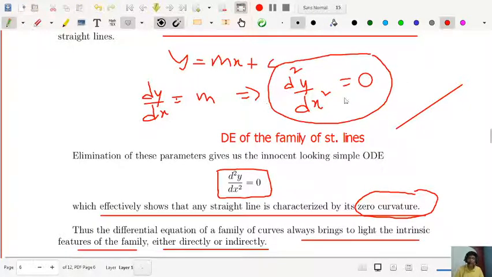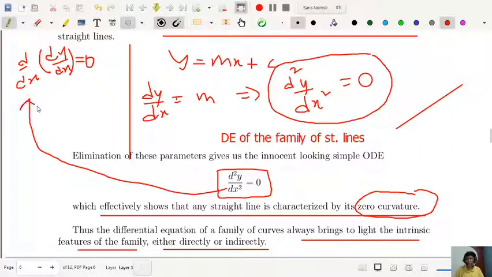Now what will you do with this form? Can you get the solution of d2y/dx2 equal to 0 directly from this? Yes, I can get the solution y equal to mx plus c. How? Let me write d/dx of dy/dx equal to 0. If I write the differential equation in this form and integrate once, you will get dy/dx equal to a constant c1.